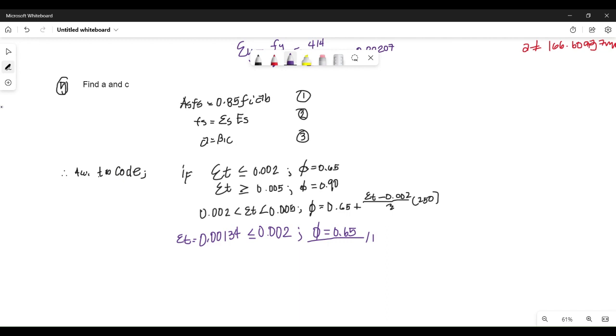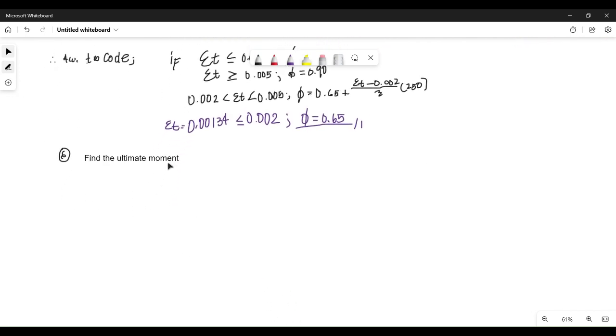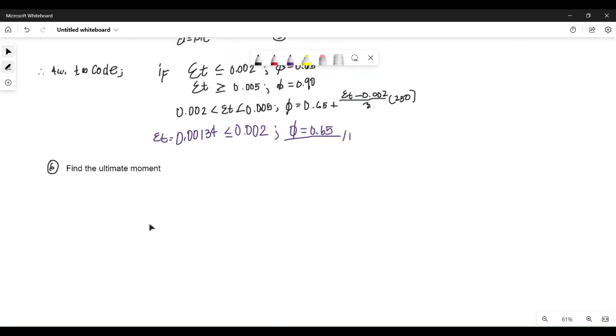Next, ang tinatanong, the last step, yung ultimate moment. So how we're going to find the ultimate moment? May dalawang ways para makapaghanap tayo ng ultimate moment. Find the ultimate moment. Finding the ultimate moment or the phi Mn. Okay? So Mu is equal to phi Mn.